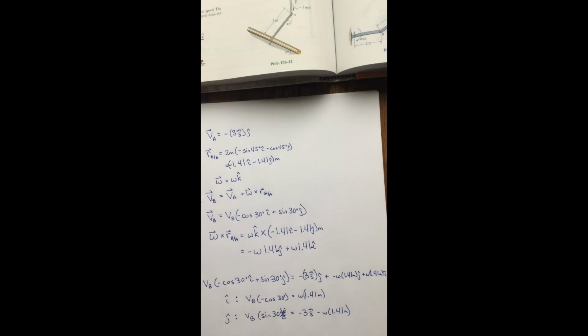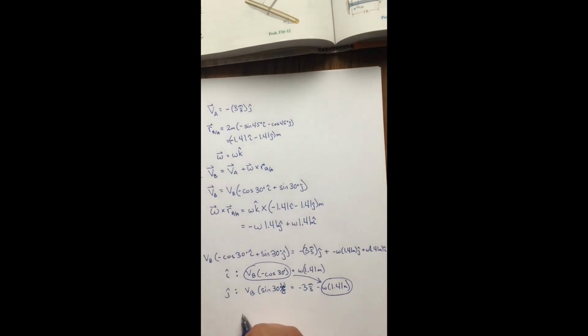Okay, now, did it ask me to find omega? Determine the velocity of the peg. Okay, so I don't have to find omega. Maybe I'll want to find it anyways. But by looking at what I have here, omega times 1.41 meters is equal to VB times negative cosine of 30 degrees. So I can take this and replace it with what I have here.